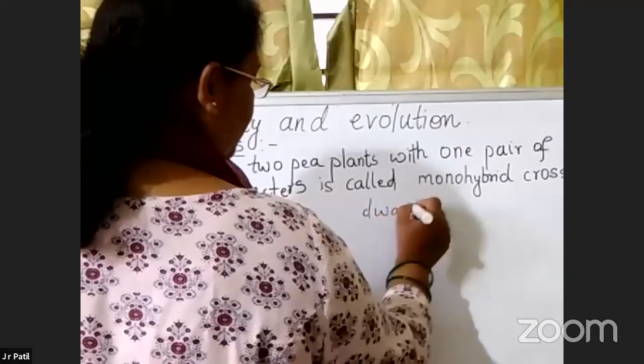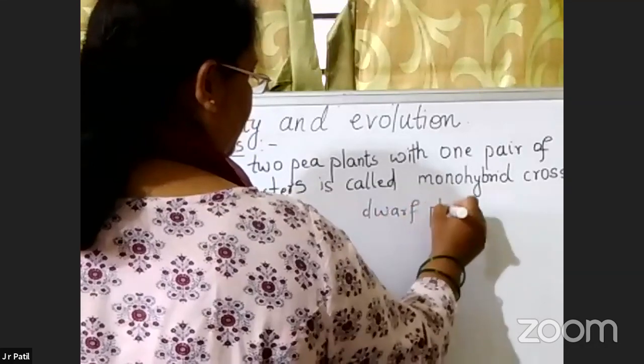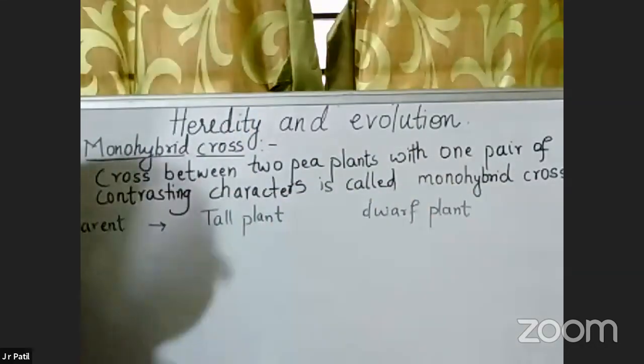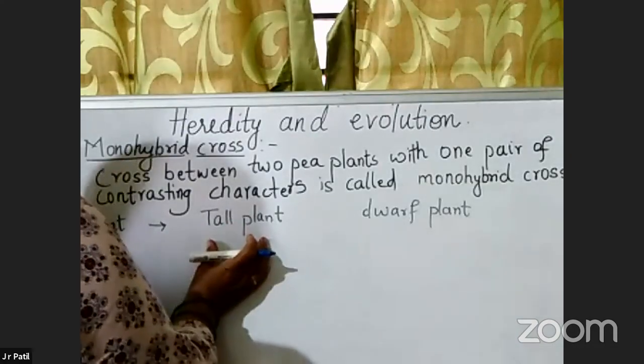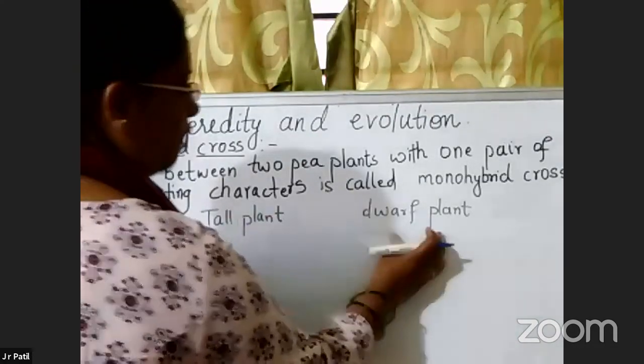Right? So, I have selected one tall plant and one dwarf plant to cross.